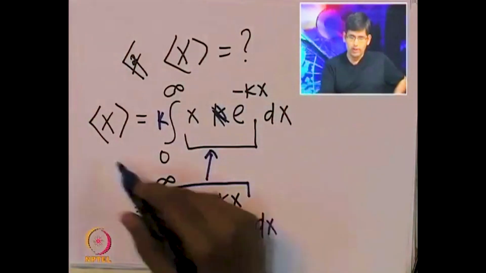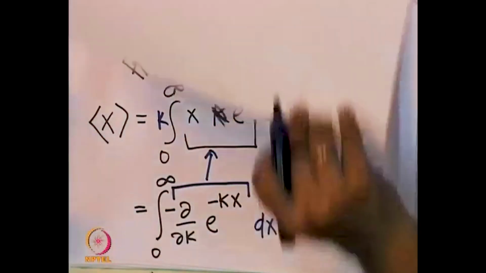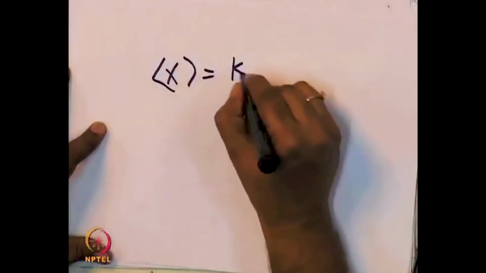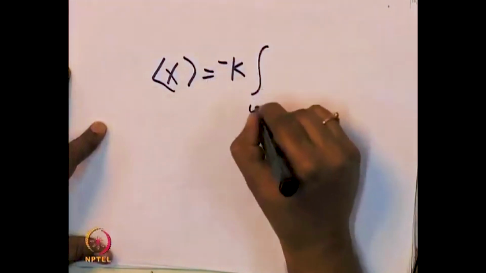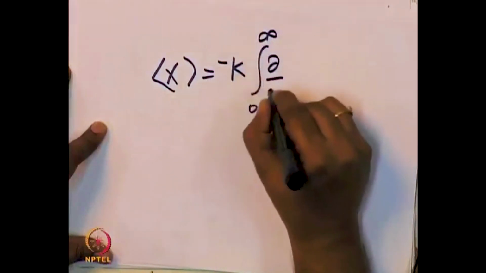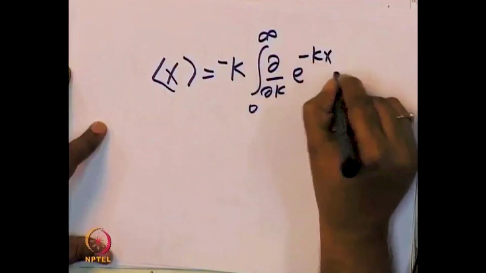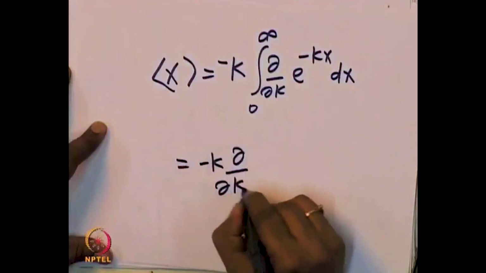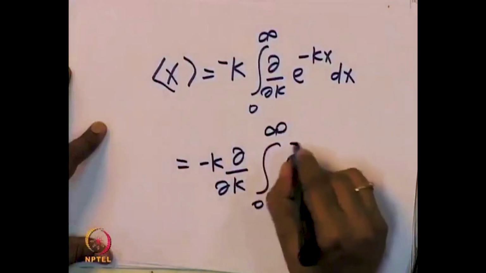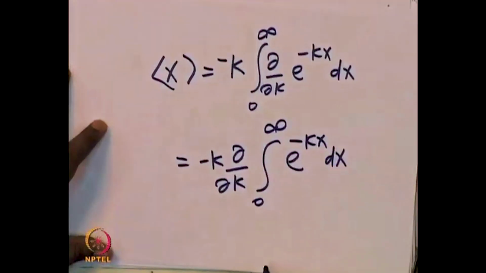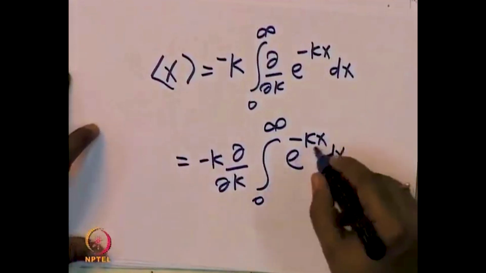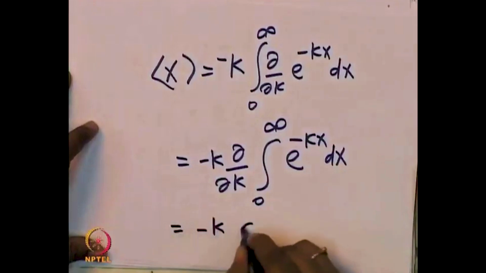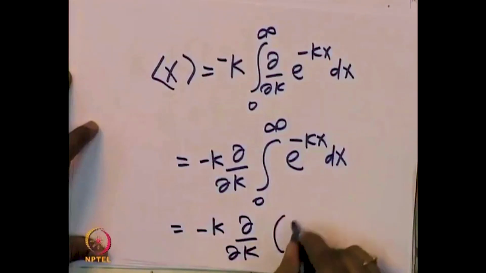If this is true, x average can be written as minus k, integral 0 to infinity of del by del k of e power minus k x dx. This is minus k del by del k of the integral from 0 to infinity of e power minus k x dx. We saw that the integral from 0 to infinity of e power minus k x dx is 1 over k. So, this is minus k del by del k of 1 over k.